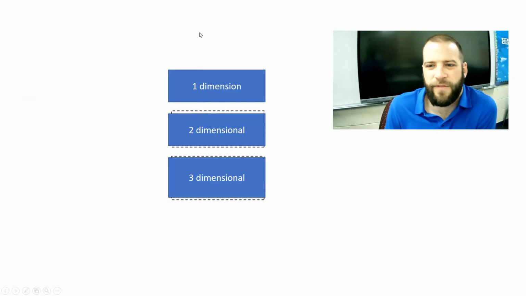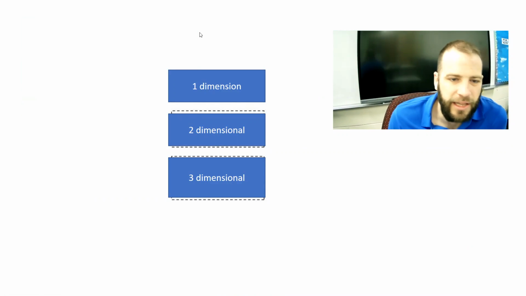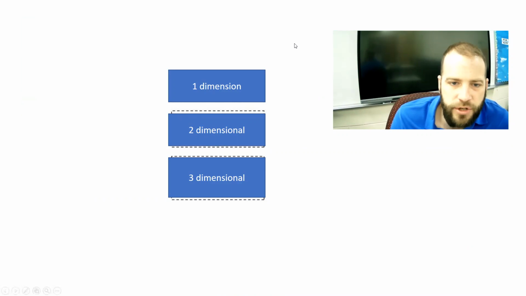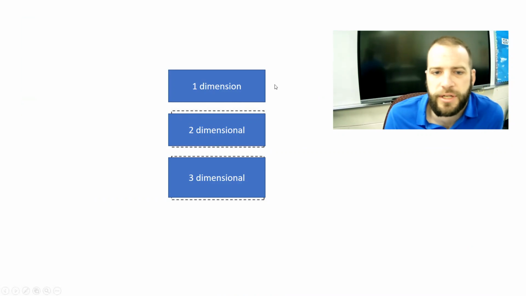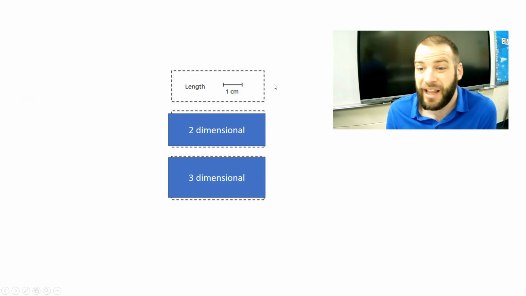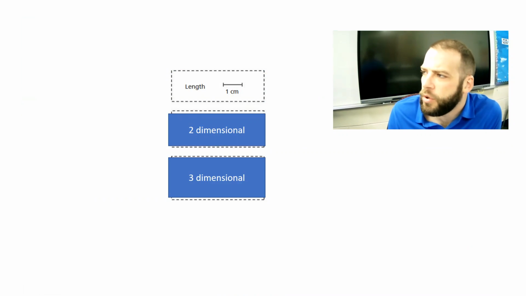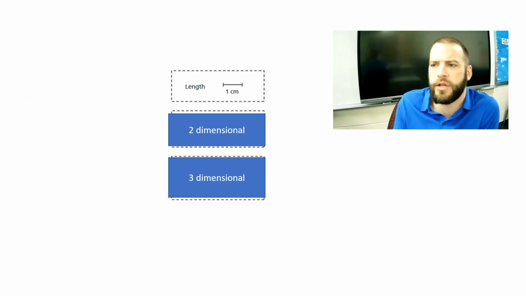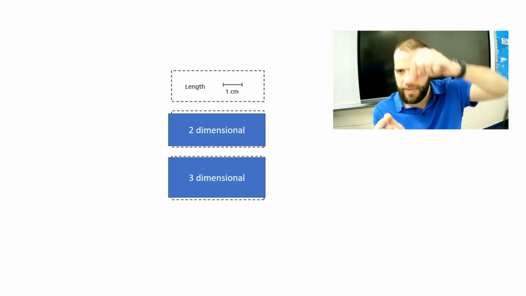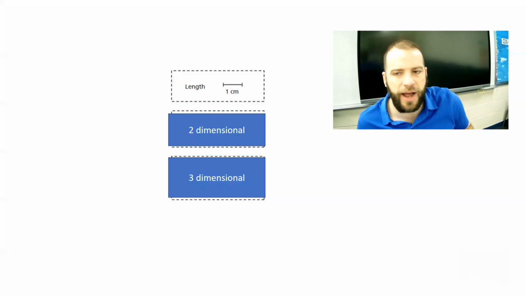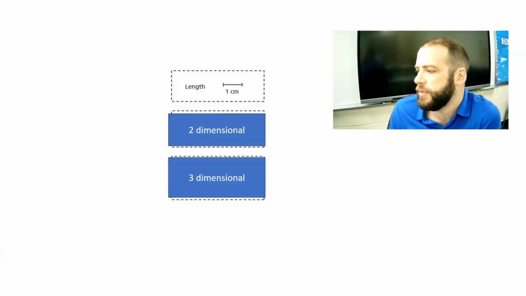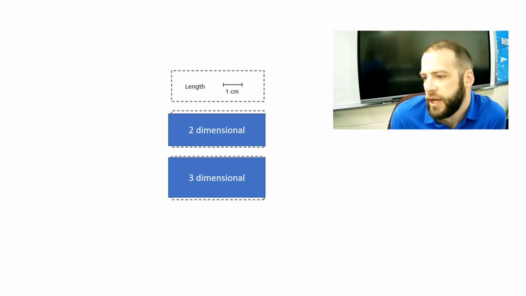So we have worked on length, right? One dimension. What is one dimension? Well, one dimension looks like this. It's just length. It's saying, can you measure how long that is? It's one measurement. That's the easiest way to describe length. You need a measuring tape.